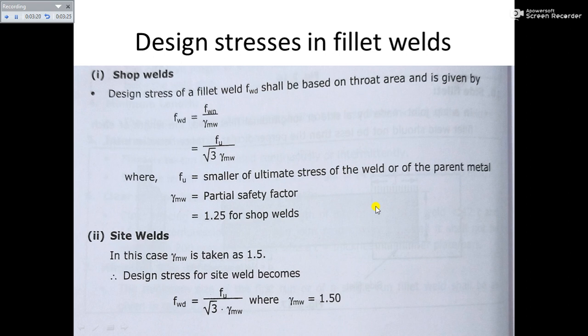While solving the problems, we see all these things. Fu is the ultimate stress, you only have to remember, and gamma mw, that is partial factor of safety in weld, is taken as 1.25 for shop welds, while for site welds the partial factor of safety is taken as 1.5.